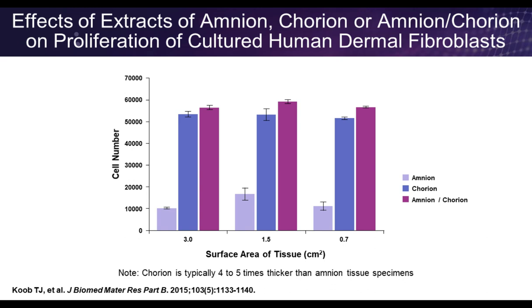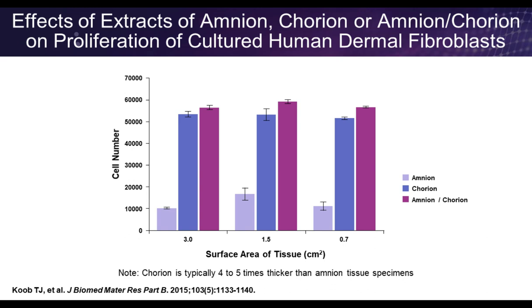So you can see that the explants of either amnion, chorion, or the combination of amnion-chorion at 3 square centimeters, 1.5 square centimeters, or 0.7 square centimeters, when extracts of those amounts of tissue are added to the dermal fibroblasts and then the cell numbers are measured, there's a very dramatic increase in the number of cells when compared to the amnion or the chorion, the light blue or the dark blue bars.